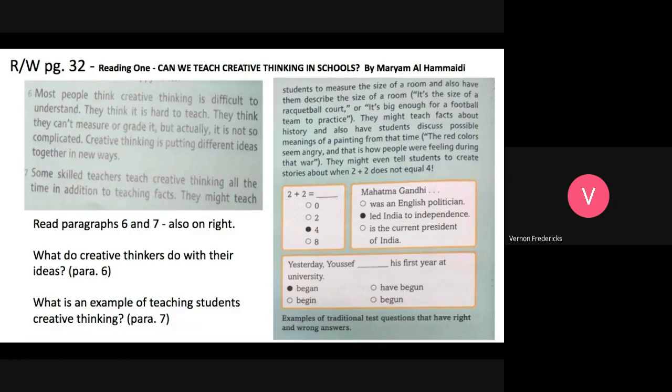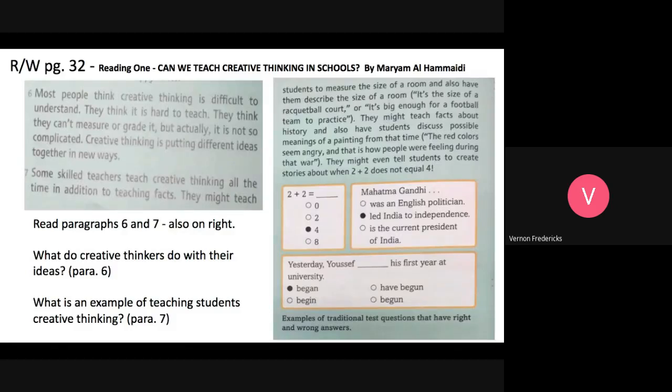Let's continue. Read paragraphs 6 and 7, also on the right. What do creative thinkers do with their ideas? Students, take note. Paragraph 6. Most people think creative thinking is difficult to understand. They think it is hard to teach.